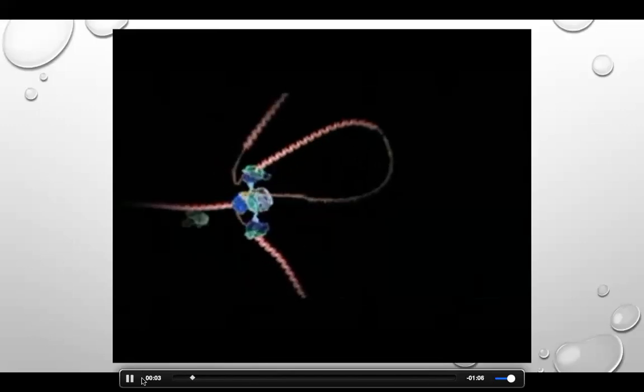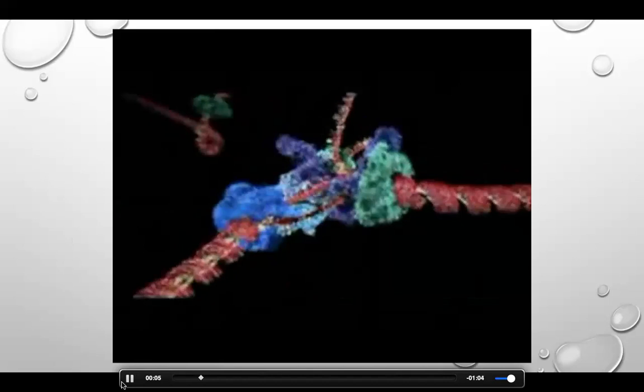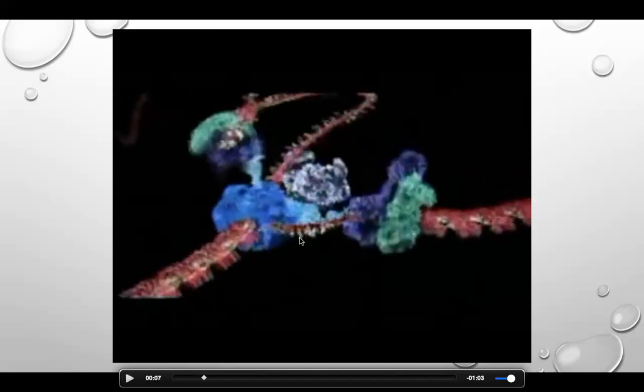Here we go. Okay, so this is based on research. This is your double helix. The DNA is being fed in, this is helicase right here. And these are the polymerases here. So this one is the leading strand.